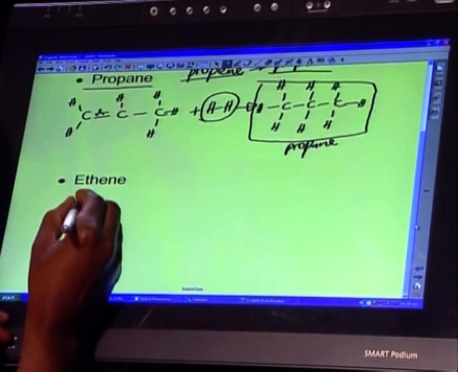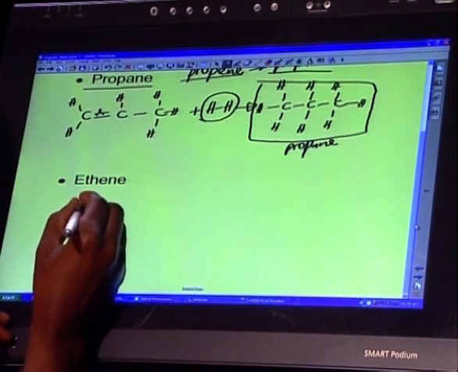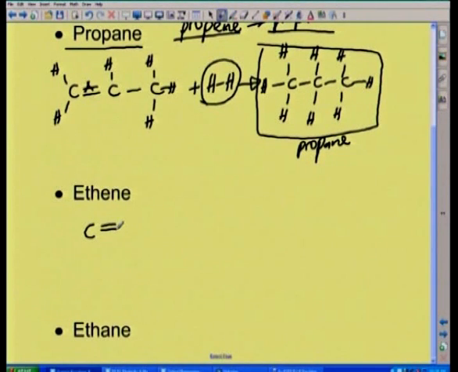So what I have initially is a triple bond between carbon atoms, and therefore this will be very incorrect. So it's a triple bond between carbon atoms, therefore I only have one hydrogen atom attached to each of the carbon atoms. That's what the ethyne molecule would look like.